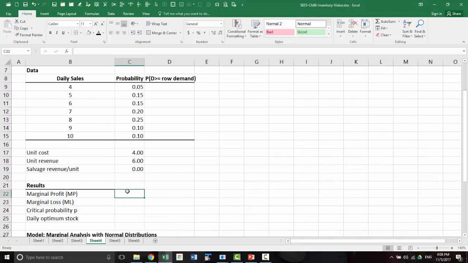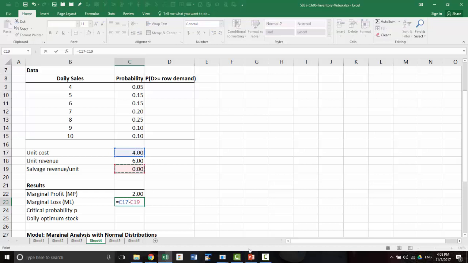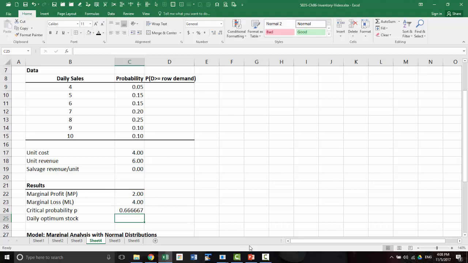So marginal profit is revenue minus cost. Marginal loss is cost minus any salvage value. The critical probability is marginal loss divided by the sum of marginal loss and marginal profit.